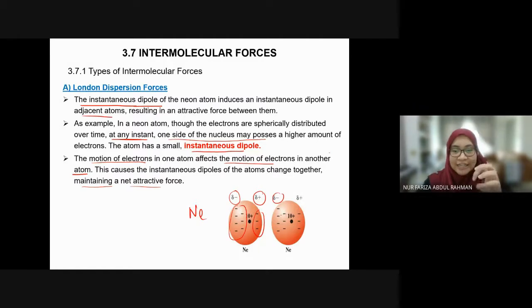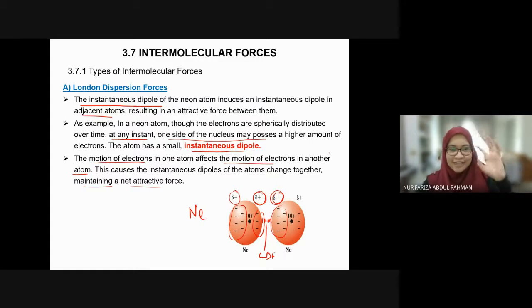Ni induce, maksudnya they influence the electron to be, kalau sini this is positive, here should be slightly negative. The attraction between this positive and negative end, this is what we call London dispersion forces, guys. Remember, this is intermolecular forces between the two atoms atau between the two molecules. Bukan dalaman, dia luaran, okay? So this is what we call London dispersion forces.